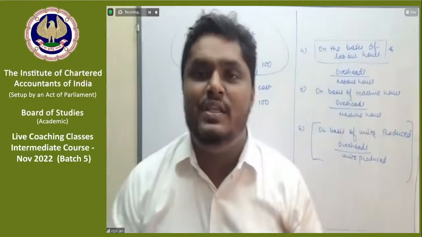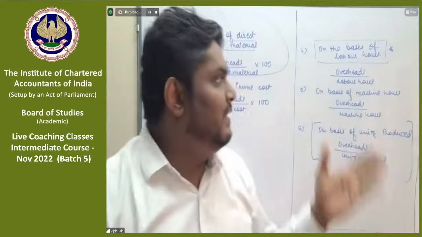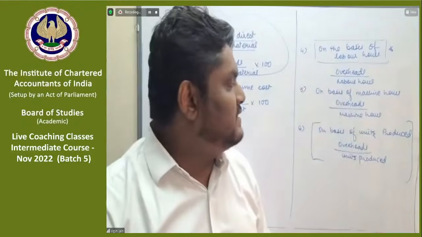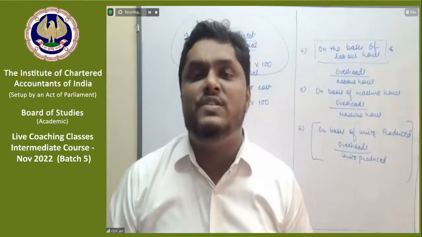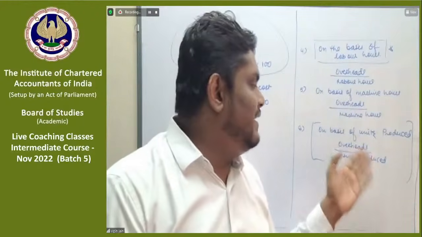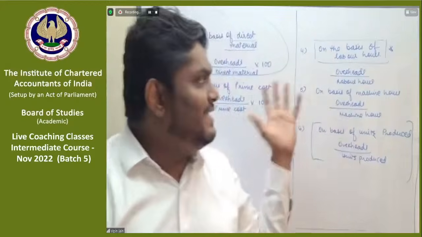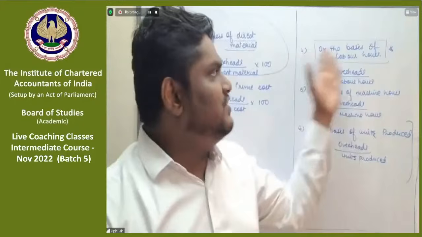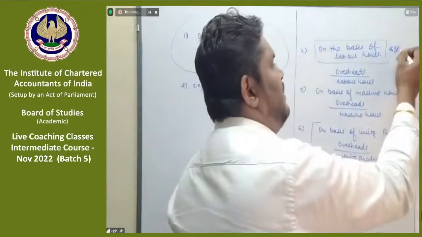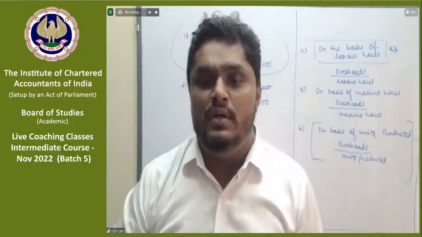On the basis of machine hours, let's say machining department is given, then the overheads will be absorbed on the basis of machine hours. And last, if only one type of product is manufactured in the factory, then it will be overheads divided by units produced. So these are the various methods of absorption we can use. But yes, if the question is silent, this is the best method we should apply to calculate the absorption rate.